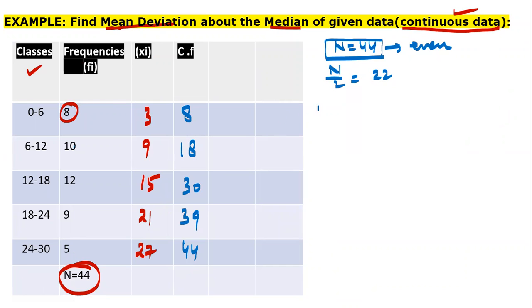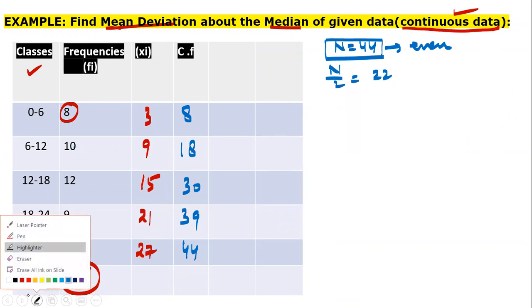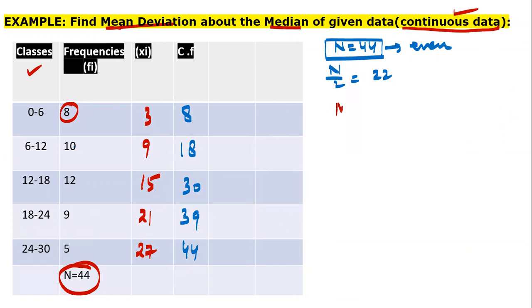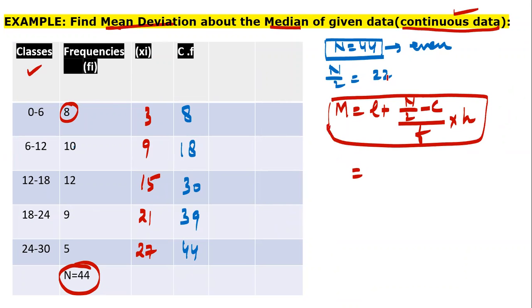The formula for this: median equals L plus (N/2 minus C) upon F into H. We have to find out all these. We have calculated N/2. Now in the cumulative frequency column, find where 22 will lie.